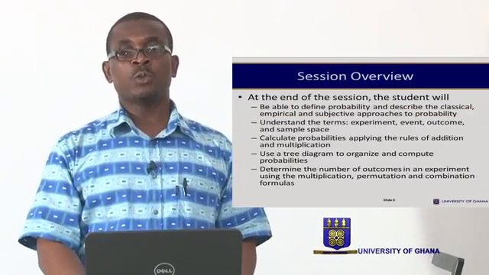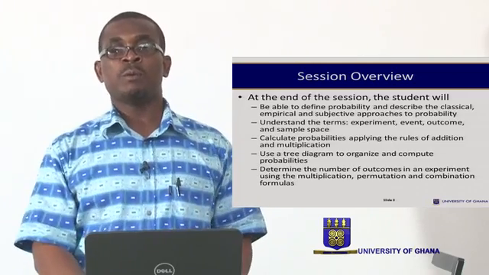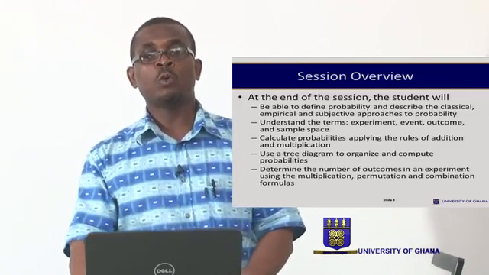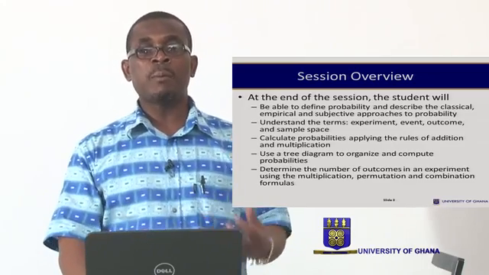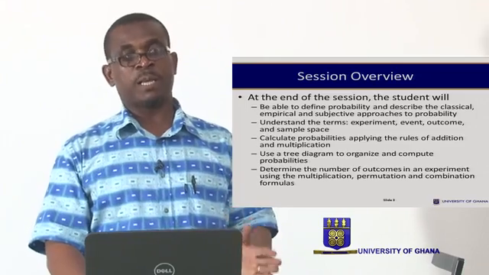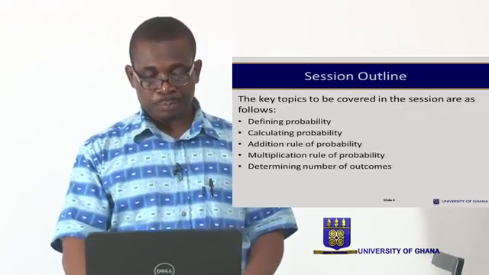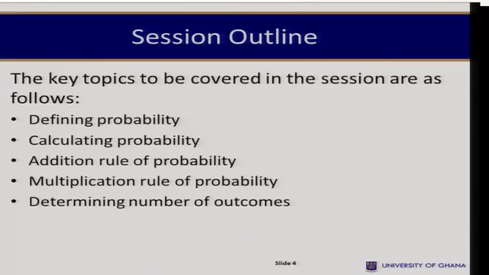We'll introduce you to the concept of the tree diagram and how it can be used to compute probabilities. And then finally, we'll talk about how to determine the number of outcomes in an experiment using what is termed the multiplication, permutation, and combination formulas. So this is how the presentation is outlined.